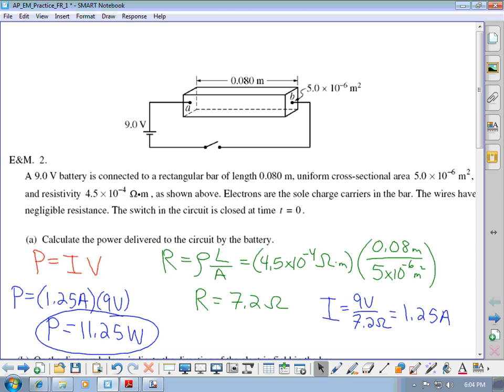If they actually put this on the AP test, you should be thanking them, because it's a very straightforward, fairly easy question, at least for the first couple parts. They throw in some trickier stuff later, but this first part you should get no problem. If you don't, you need to go back and look at this, because by the time you take the AP test, you should be able to answer a question like this without any difficulties.